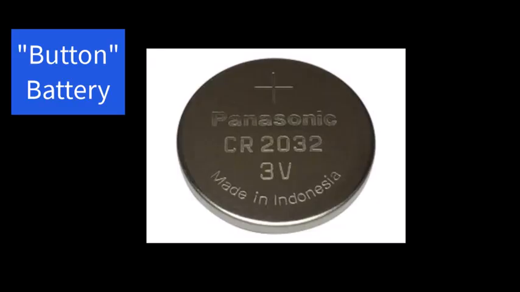Some of them are the size of a quarter. Some of them the size of a small button. That's where the name comes from. But they power smaller electronic devices because of their size and shape. So some of those electronic devices might be cameras, remote controls, some wristwatch type devices that you might use every day.